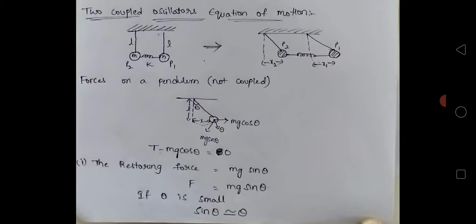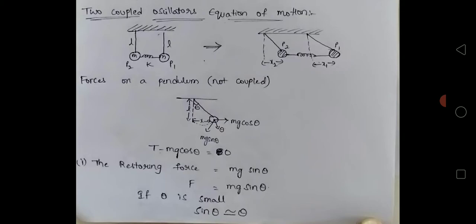So we are taking mg cos theta, mg sin theta and theta. These three we have taken. The next equation: T is tension. We are writing the equation here. T means tension, minus mg means weight, and cos theta is equal to 0. The total equation becomes T minus mg cos theta is equal to 0.